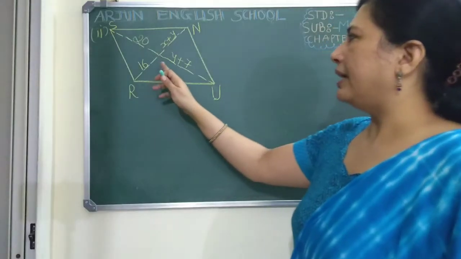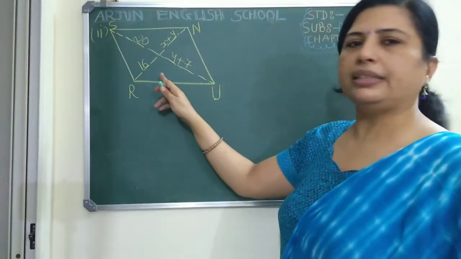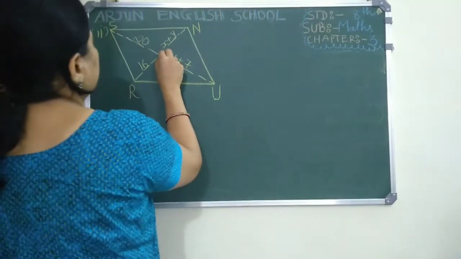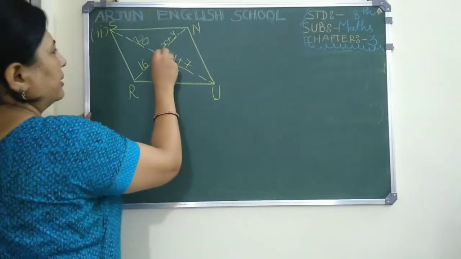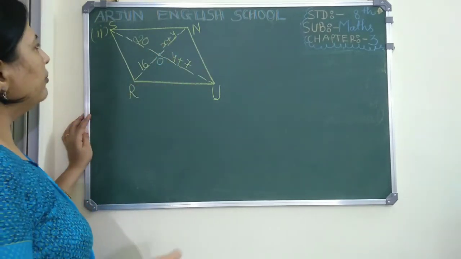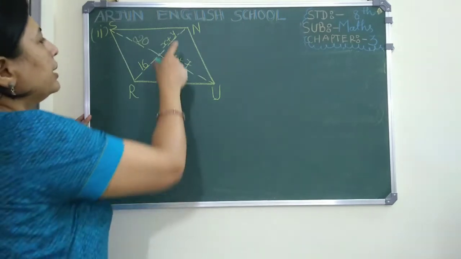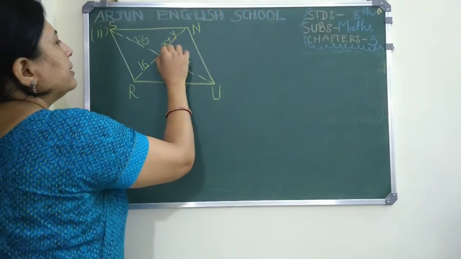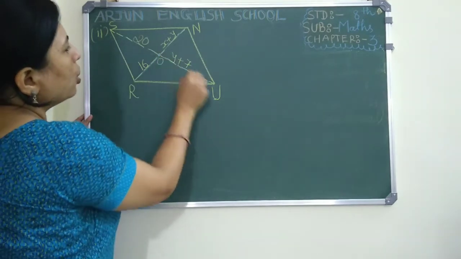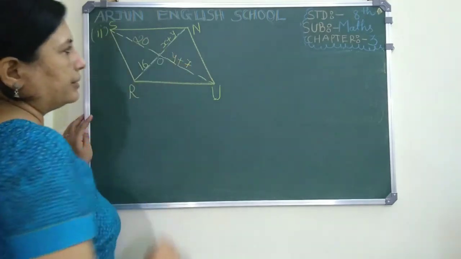In question number 8, the second question is like this. In this, you can see that these diagonals bisect each other. We know that the diagonals bisect each other. We will use this property. If they bisect, then this ON is equal to OR and also OU is equal to OS.